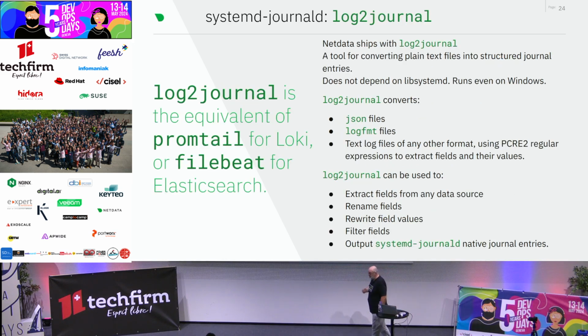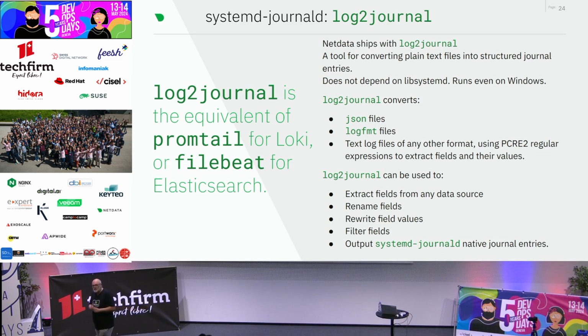Then we created this tool. This tool is the equivalent of what Loki promtail does. Promtail tails logs, filters, manipulates some fields, and pushes everything to Loki, right? So we did something similar with log2journal. So log2journal can extract fields from sources. If it is JSON or logfmt, it does it automatically.